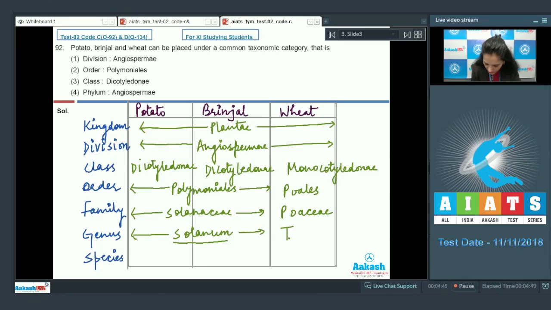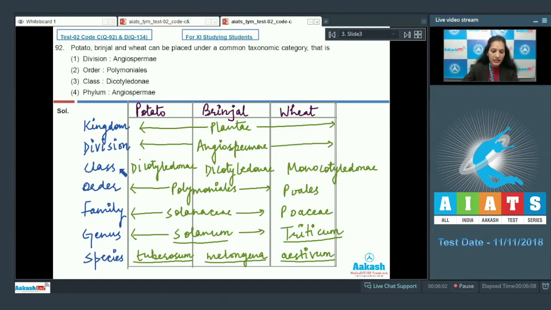For wheat it is Triticum. Species for potato, it is tuberosum. For brinjal, it is melongena. For wheat, it is aestivum.